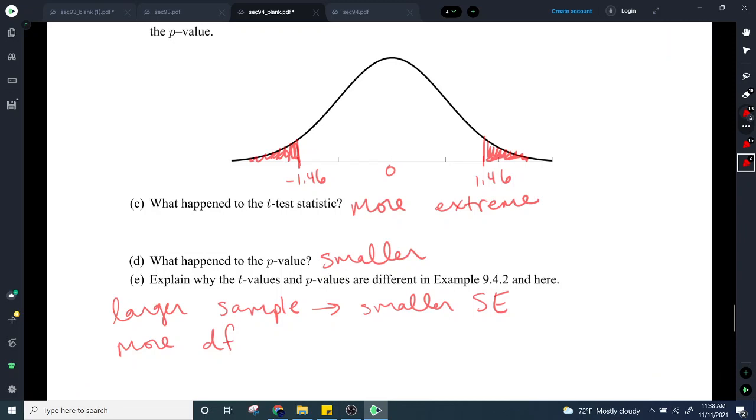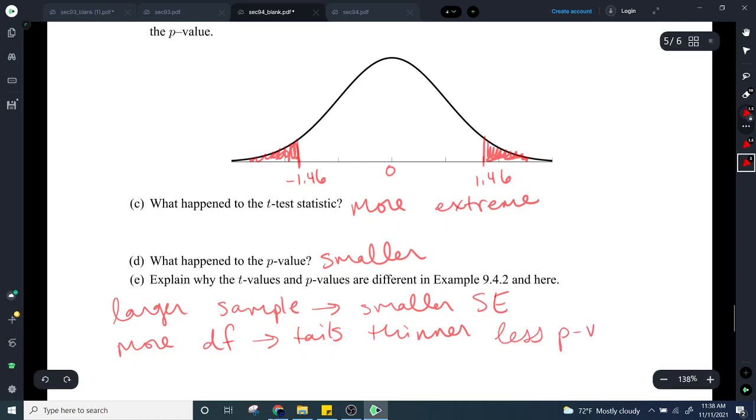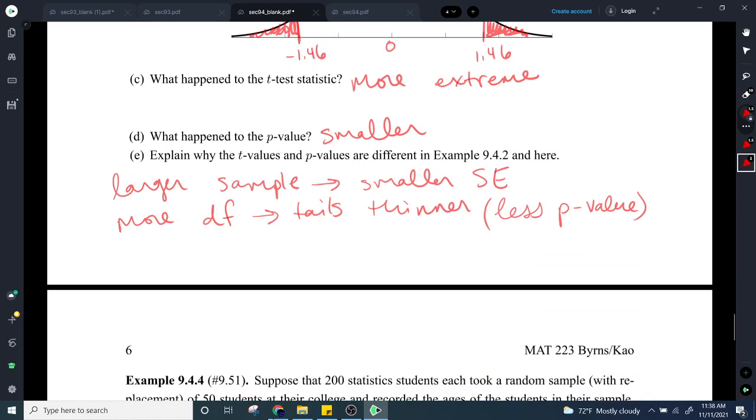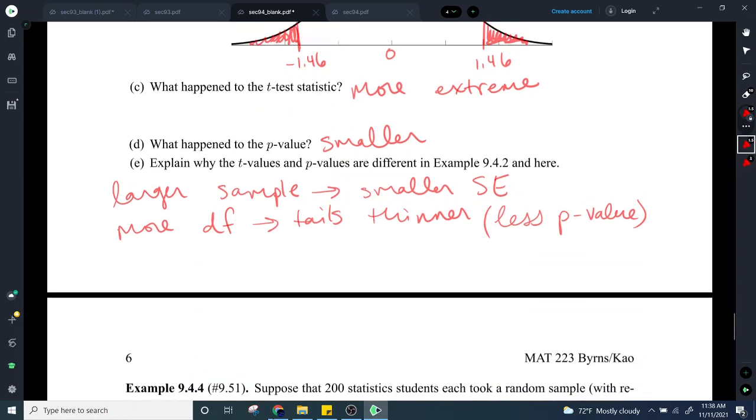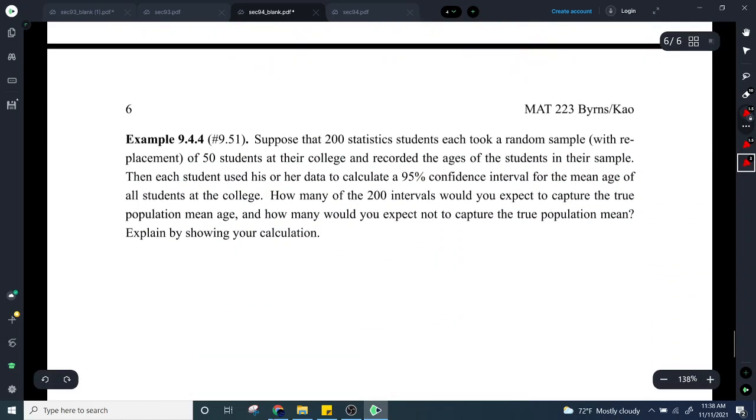So higher degrees of freedom mean that your tails are going to be thinner. And so if your tails are a little bit thinner, that means we've got less p-value. So a larger sample size meant we had a smaller standard error. We also had higher degrees of freedom, which means that our tails ended up being a little bit thinner, and that gave us a smaller p-value.